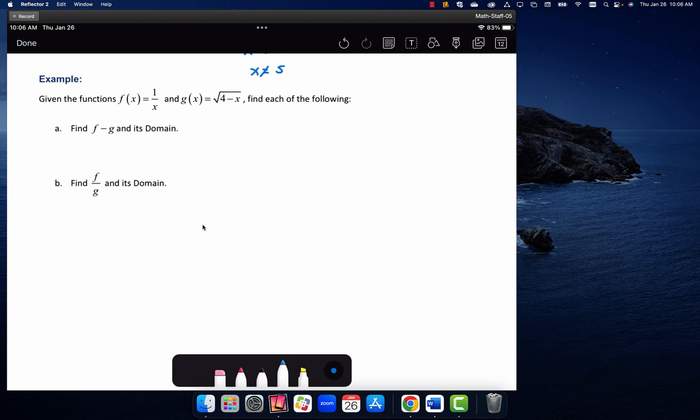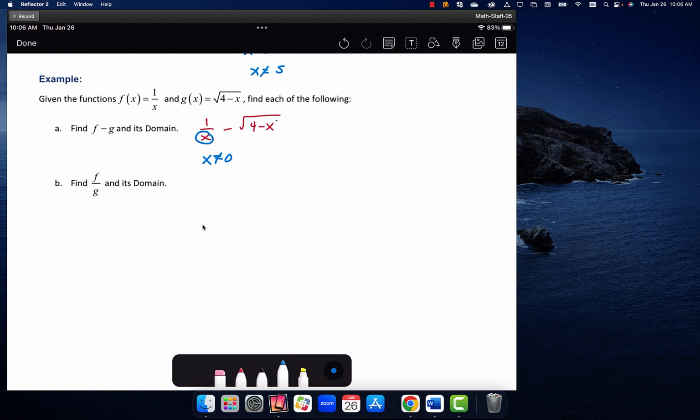In this example, we'll find some more operations on functions and their domain. So first we have f minus g, 1 over x minus the square root of 4 minus x. In this case, we have two issues. We have division by 0, so we know x cannot be 0.